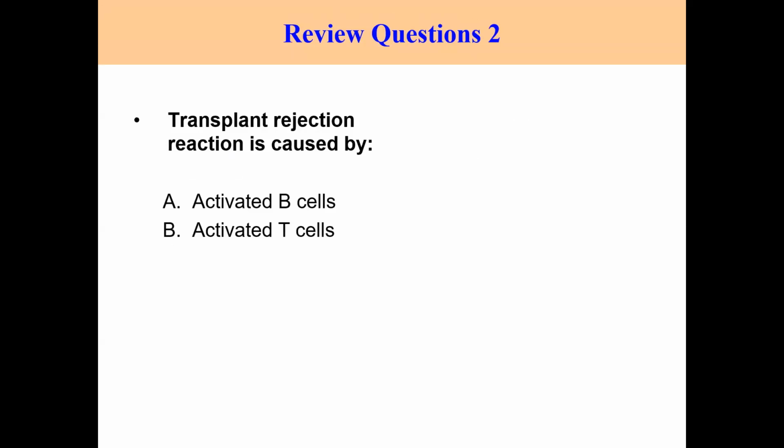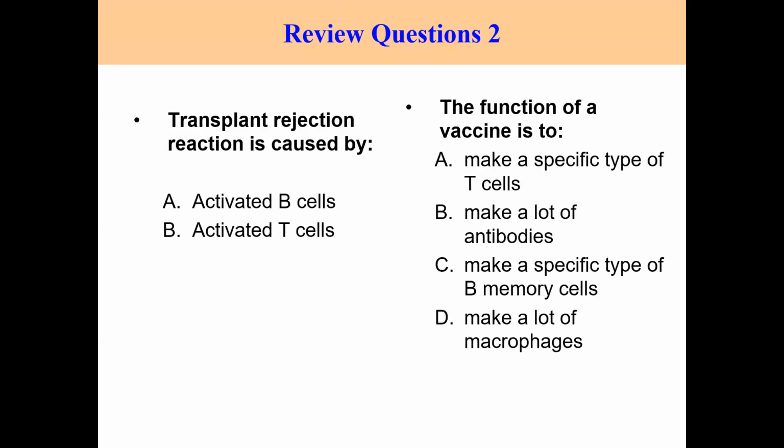Transplant rejection reaction is caused by T cells. Function of the vaccine is to, C, make B memory cells.